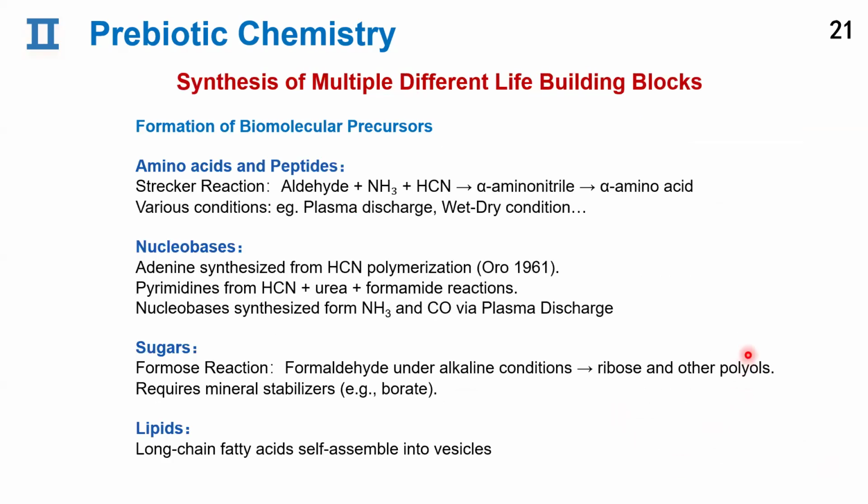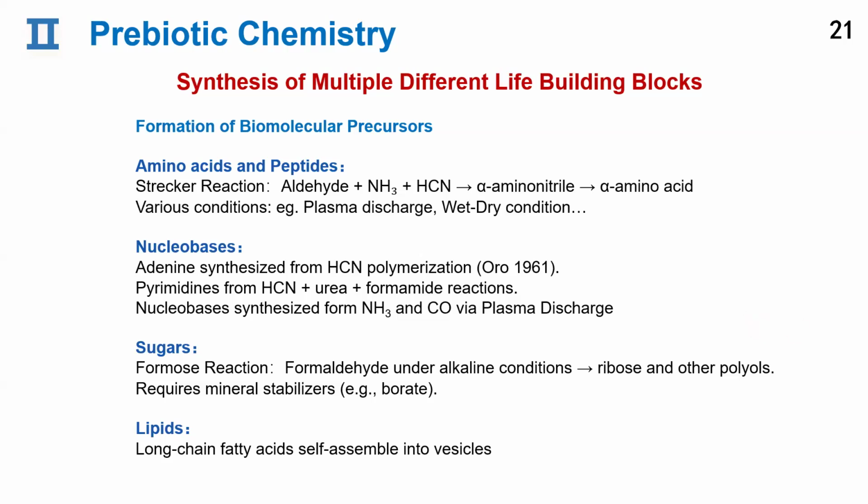So here we looked at the first step of chemical evolution, and how simple gases like ammonia and water could form basic organic molecules, such as amino acids, with different energy sources.